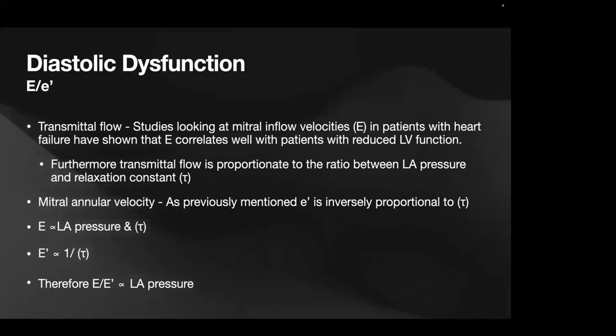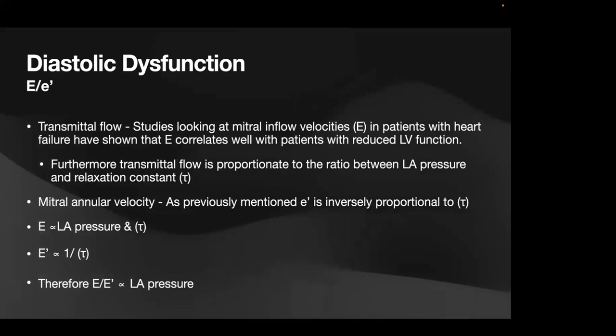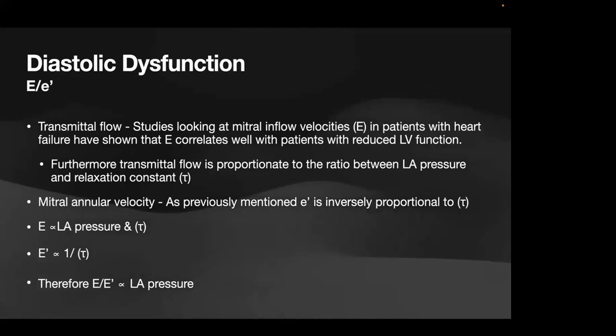We're going to talk about E as transmitral flow, not mitral flow, transmitral flow. This is more of a trust me bro situation, but there are a lot of studies that looked at the correlation between your inflow velocities, or your E velocities, and heart failure. It turns out that E velocities, with the caveats of filling pressure, correlate relatively well with patients who have reduced LV function.